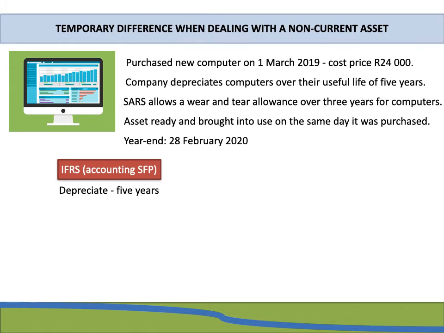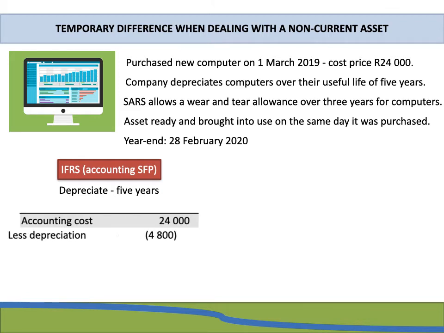So to calculate our carrying amount at year end, we're going to start off with a cost, which is 24,000 Rand. We're going to deduct depreciation, which we calculate by taking the cost and dividing it by 5, being the useful life, and that gives us depreciation of 4,800 Rand.